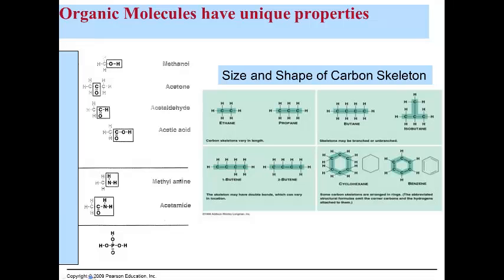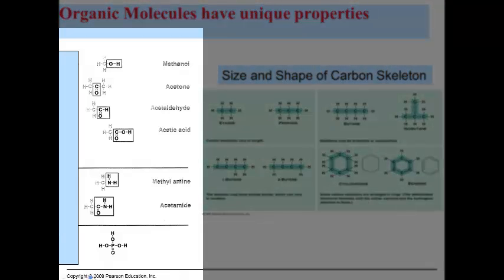But if we begin to add functional groups to the carbon skeleton, then that's going to affect the characteristics of the molecule as well. One of the things that it does is it makes them hydrophilic, because these functional groups contain oxygen and nitrogen as a part of the structure, and that's going to change it to a hydrophilic or a more polar molecule.